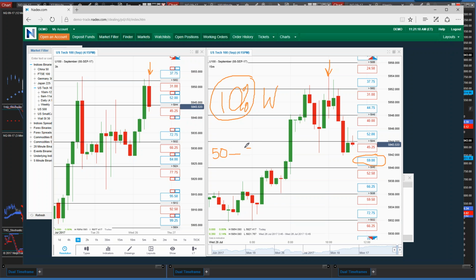So anytime it's just at 50-50, it's not considered an edge because it could go either way. You could win or you could lose. Well, when one is at 60, that gives me an edge of 10%. So I've got a 10% chance of winning over losing. You could say it that way. I don't like to say it that way.